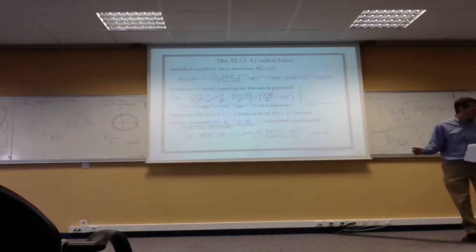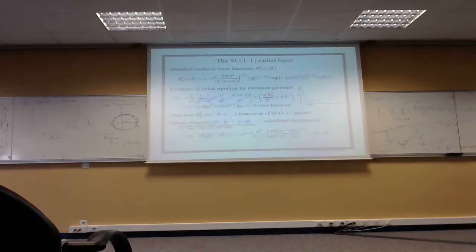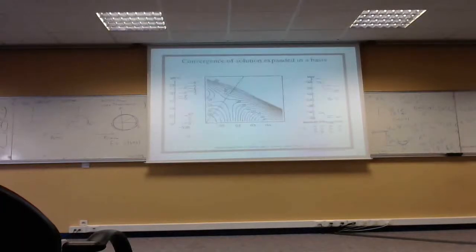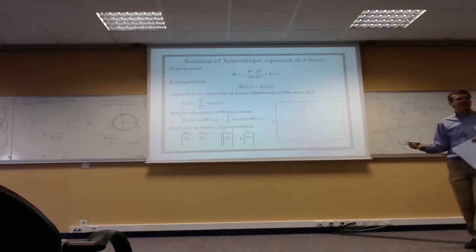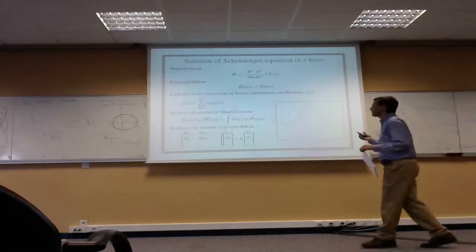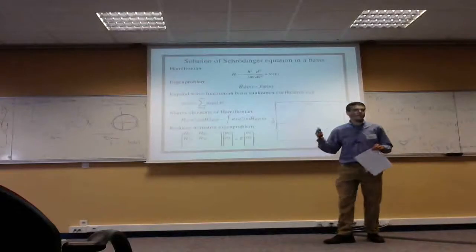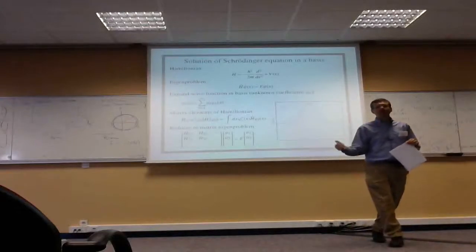There's another way of going about such problems, which is, I won't say the only way that's used in nuclear physics, but a common way, and the way you will be using in the exercises this afternoon, which is rewriting a problem in terms of a basis, and therefore turning a differential equation problem into a matrix problem.